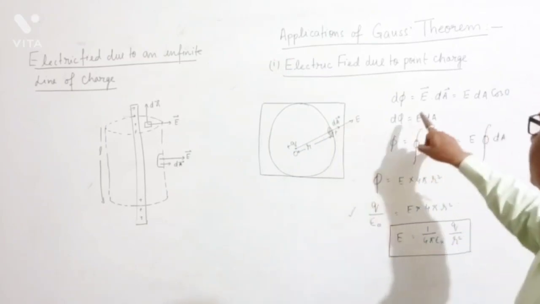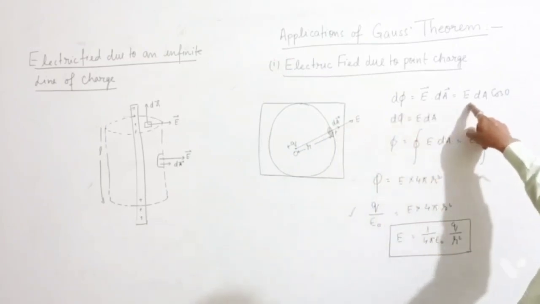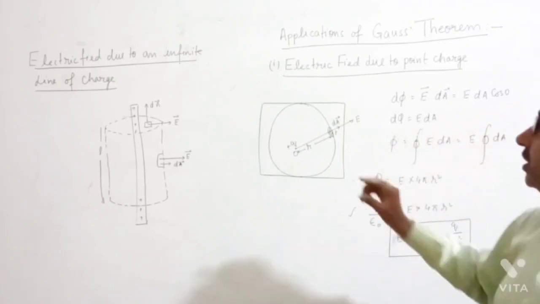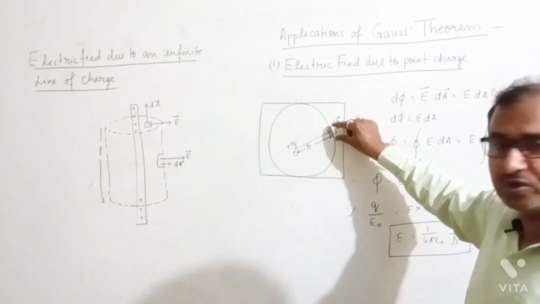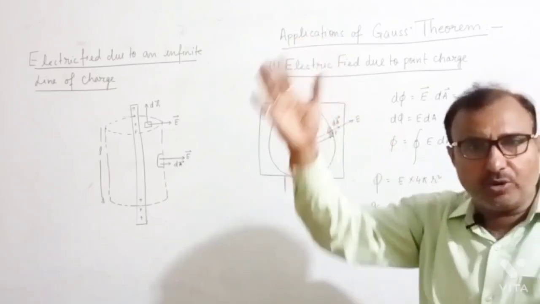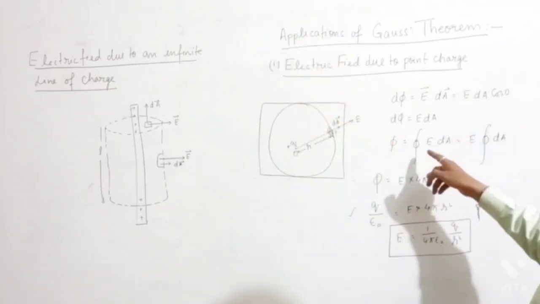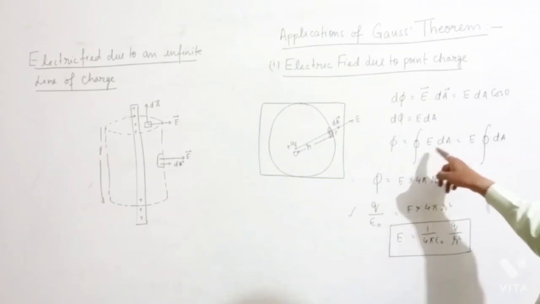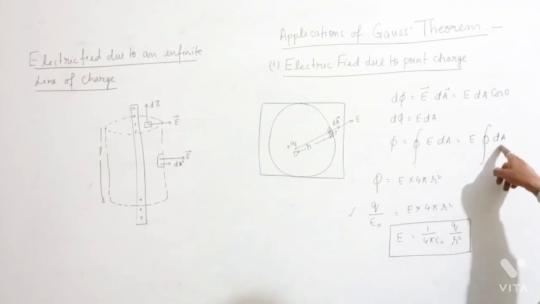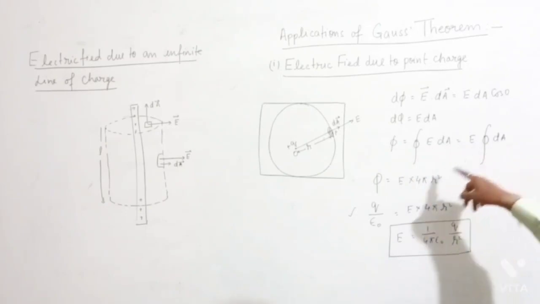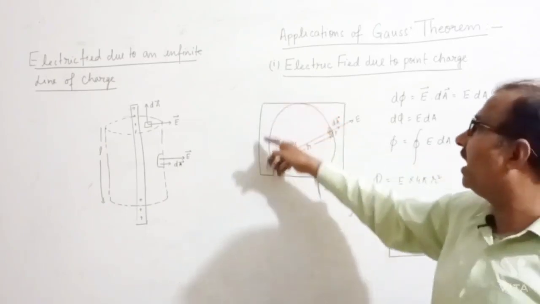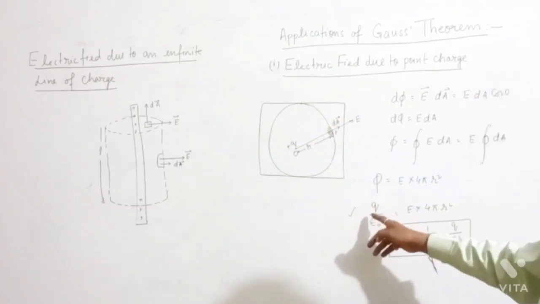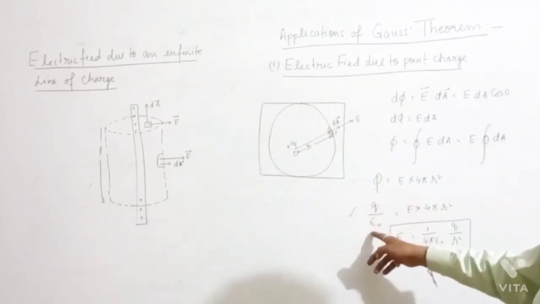This is the electric flux passing through a small area. But you have to find it for the whole area, so you integrate both sides. E is constant, you can take it out. The integral of dA is 4 pi r square, because the area of the whole sphere is 4 pi r square. As you know, phi equals Q upon epsilon naught. So this is your formula for intensity of electric field due to a charge.